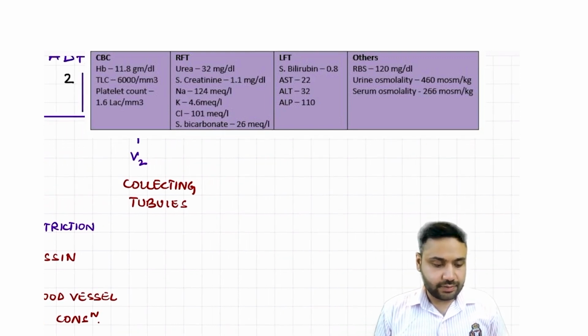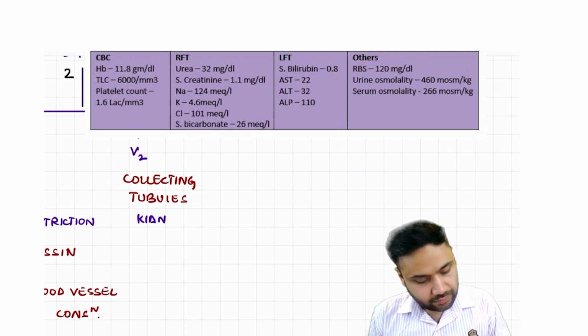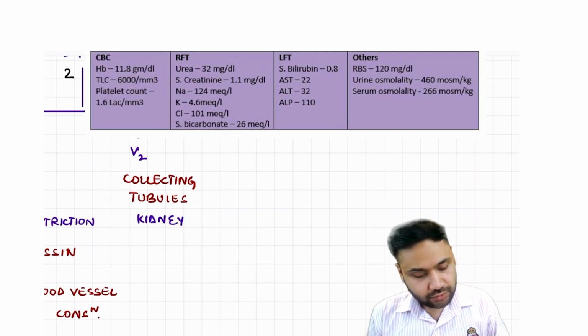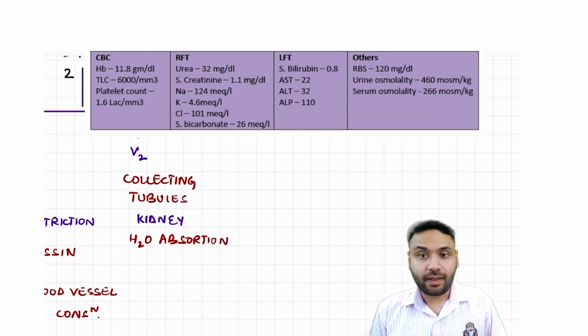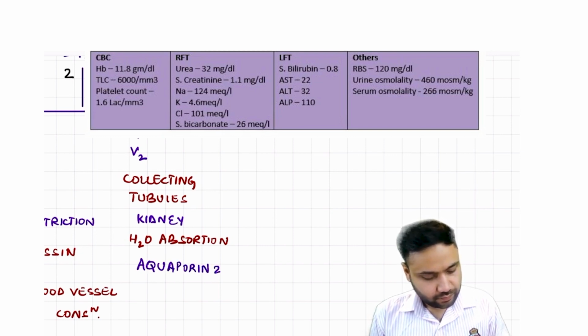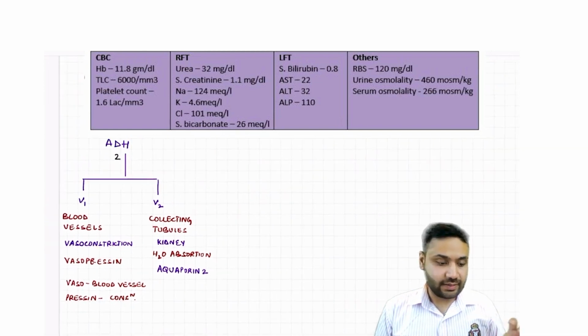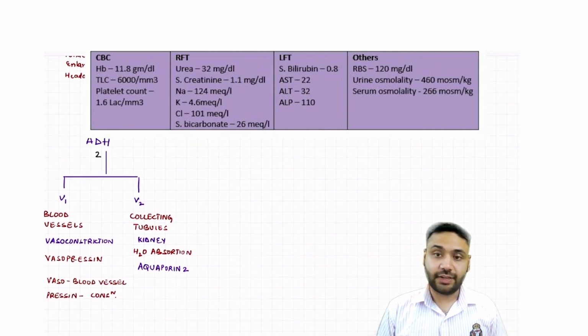While V2 receptors in the collecting tubules of the kidney increase water absorption via increasing aquaporin 2. So let's revise these two receptors of ADH.